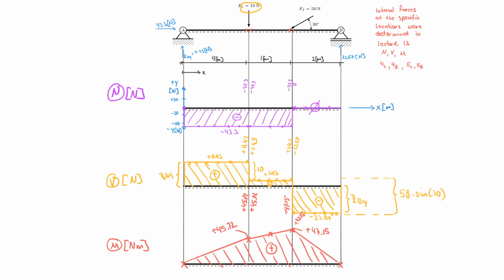And then you can convince yourself that the distance between this point here, 45.72 to 47.15, is actually 1 meter, and therefore the slope is 1.43. So we're looking at a slope of plus 1.43, plus because it goes up here.